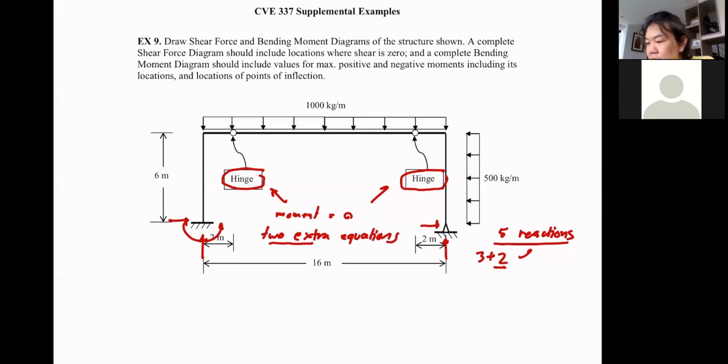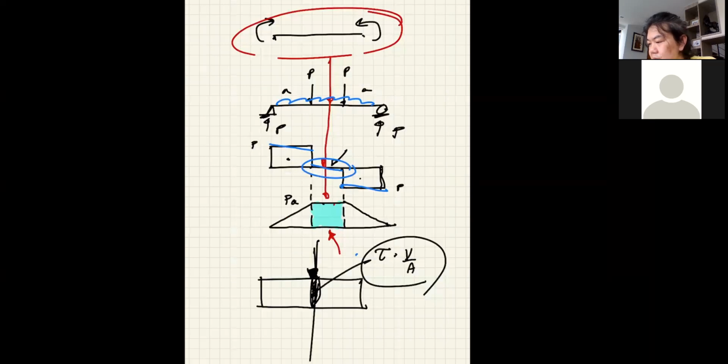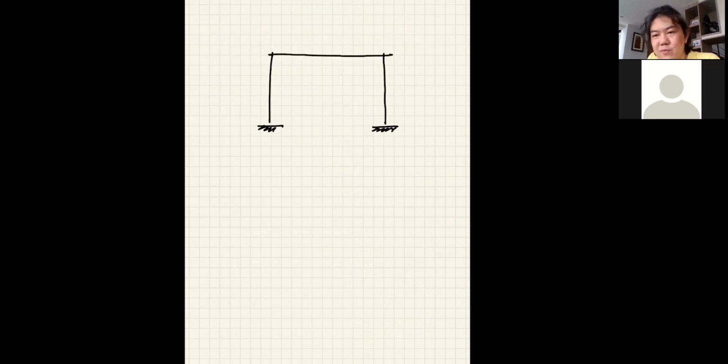The way we do this is, let's say we can always have a structure like this, because it is typical. It may be more difficult to build a hinge as a support in the framing system, so this is really normal.